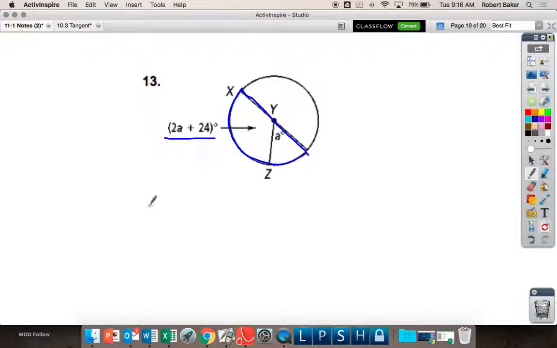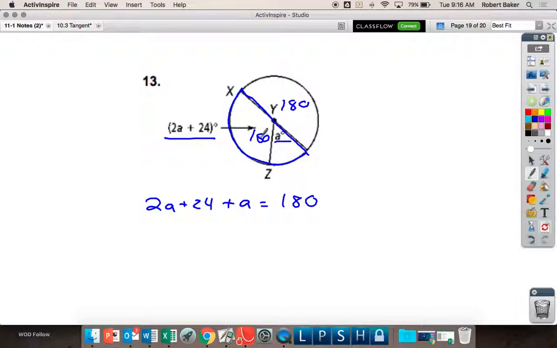So this piece and this piece add up to 180 degrees. Does that make sense? So this is a diameter. It cuts the circle in half. So that means that this piece is 180 degrees and this piece is 180 degrees.